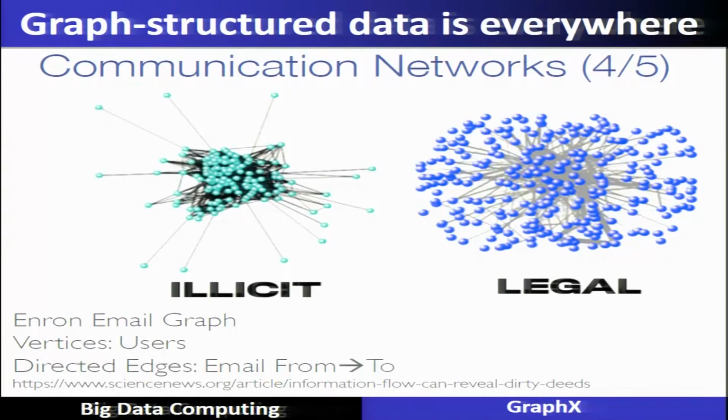Similarly, to detect fraud among companies, for example, the Enron email graph can also be built. Enron was the company which committed fraud. So their email exchanges between different users are modeled in the form of a graph for this kind of analysis. Here the users become the vertices and the email exchanges are basically the edges.